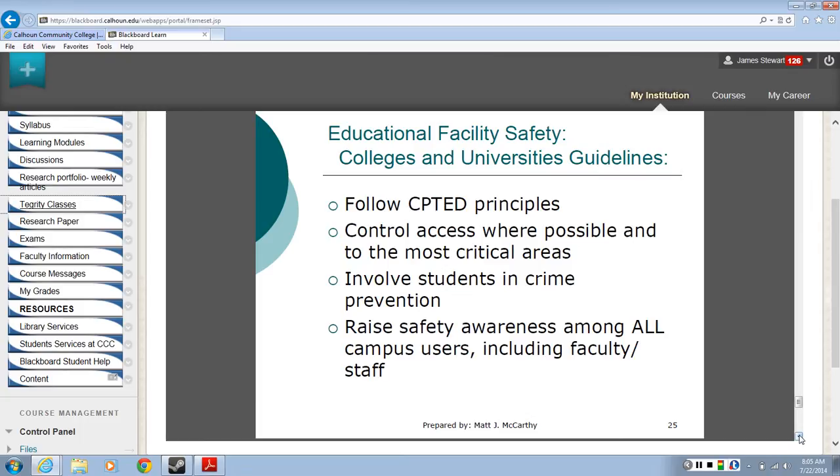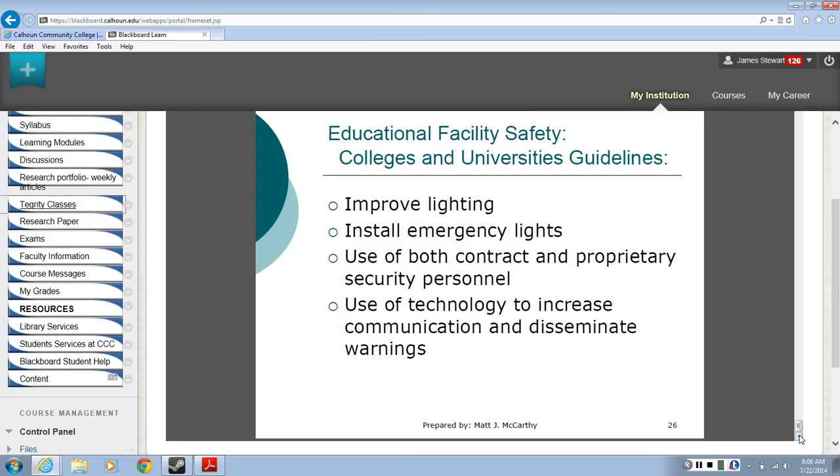And then we've just been raising awareness, basically, of all the things that could happen. We've taken steps here at Calhoun to increase awareness and train faculty and give students some insight on what to do in case we have an emergency situation. Again, improved lighting, use of security personnel, use of technology, and information technology security.